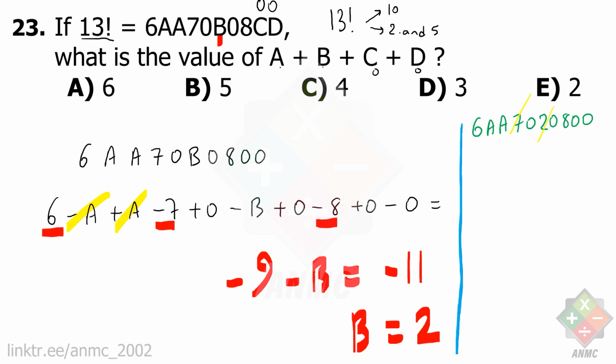We have 6 plus 2A plus 8 is equal to 14 plus 2A, a multiple of 9. It can be 18. So A also can be 2. 14 plus 4 is 18. Then A is 2, B is 2, C is 0, D is 0, total is 4. It was a tricky question.